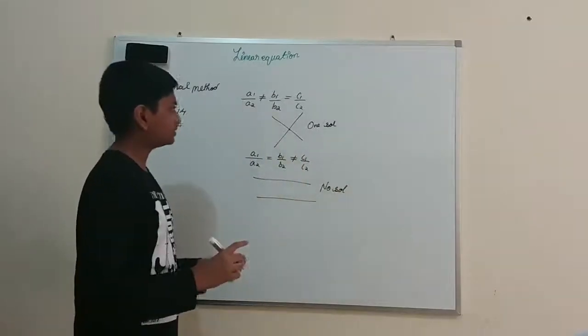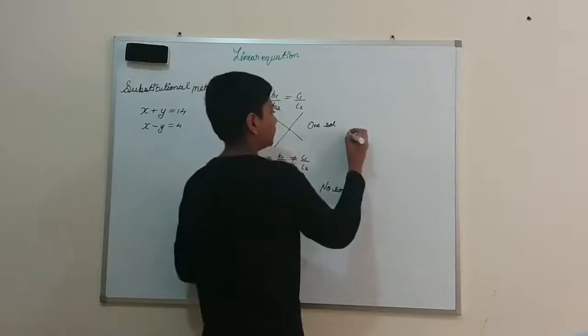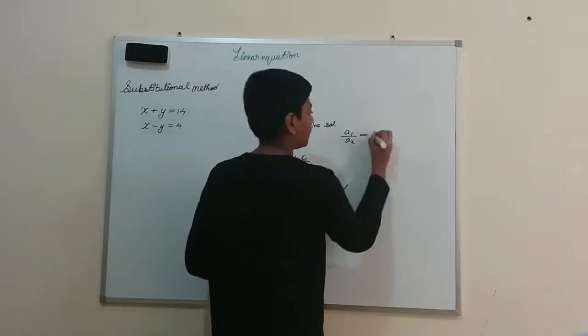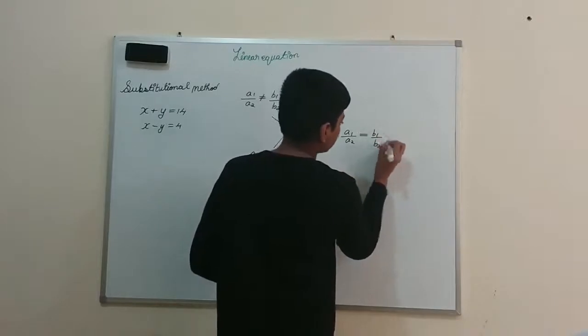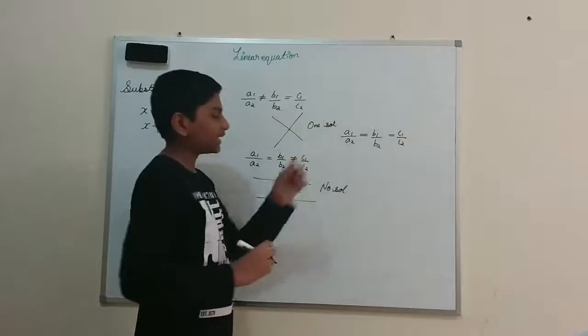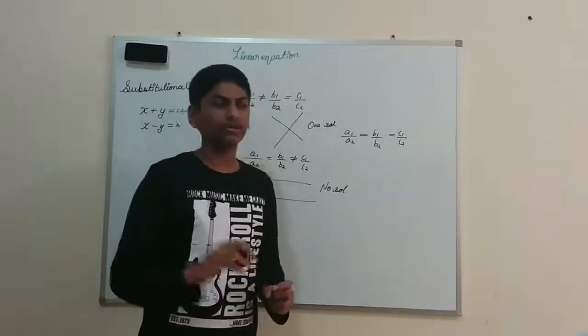The last one is so important because it will be so common. This is a1 by a2 equal to b1 by b2 equal to c1 by c2. If you get this, your pair is a coincident line. What is a coincident line?